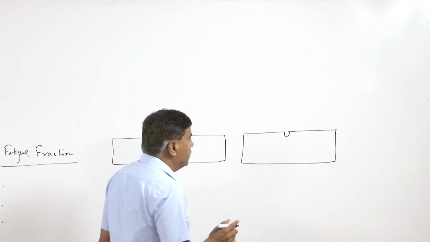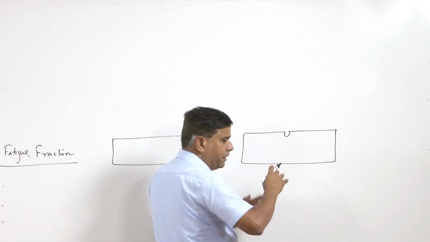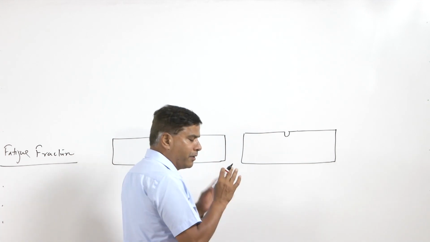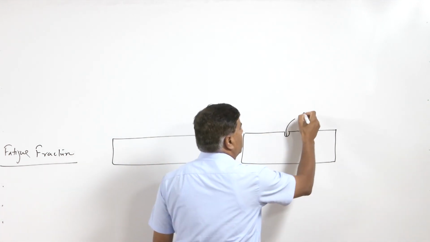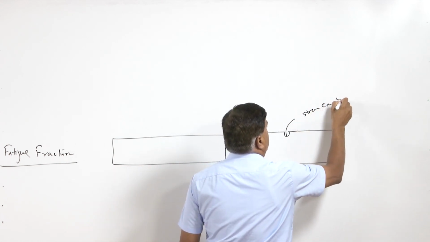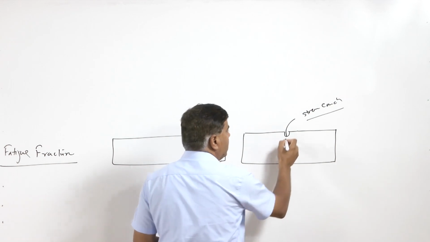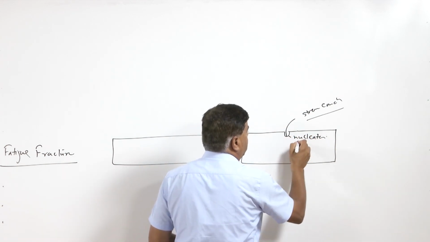So when a component has stress regions or unique features which will be localizing the applied stresses, they will basically be increasing the stress concentration in those areas and thereby facilitating the nucleation of the crack easily.